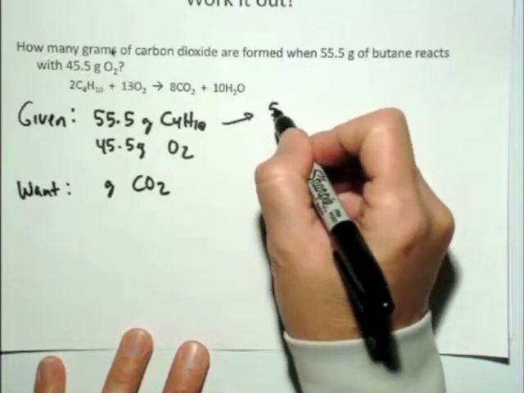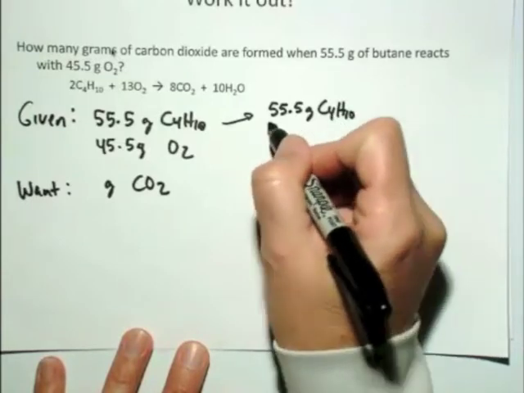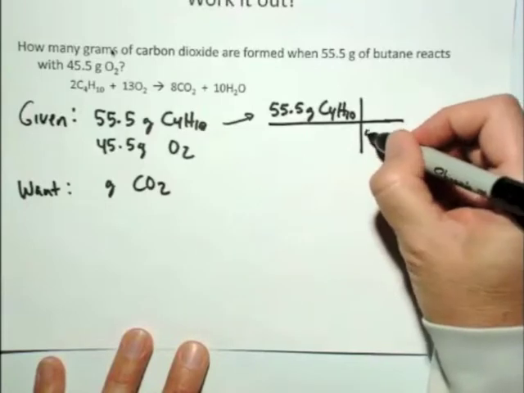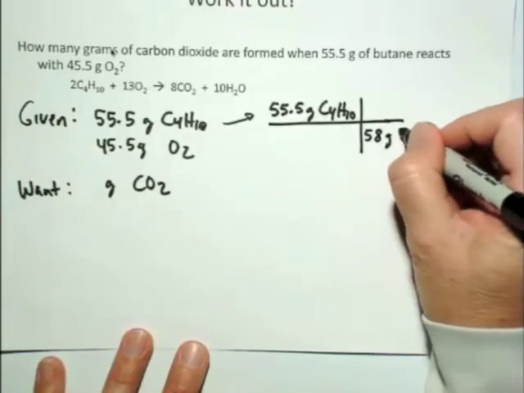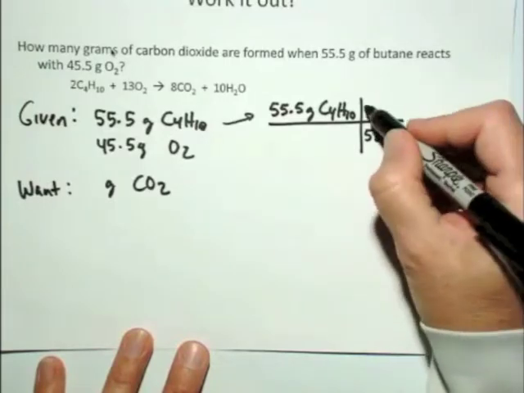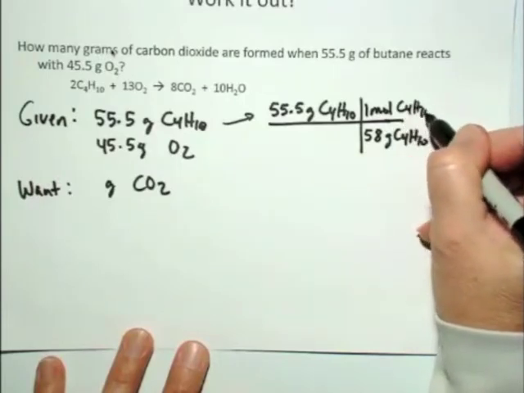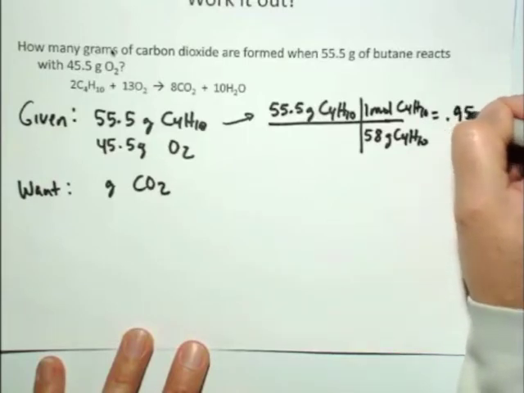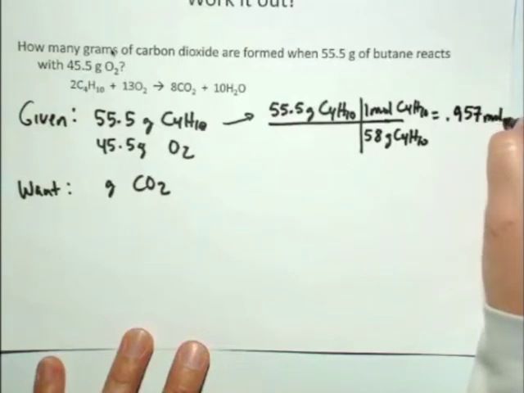There's 55.5 grams of butane given, and we want to figure out how many moles that is, so we just divide by essentially the molar mass, or multiply by the inverse of the molar mass, which is 58 grams of butane per 1 mole of butane. We figured that out on the last one. And so in this case we have about 0.957, let's say, moles of butane.